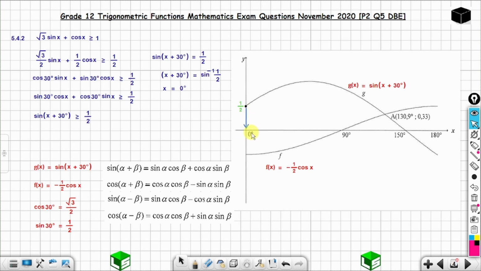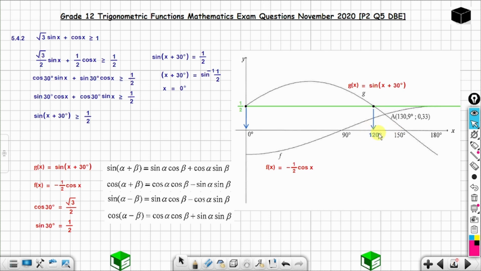You can find other x values which can give you 1 over 2 as y. To find that, you are going to draw a horizontal line. When you draw a horizontal line, you are going to see that at this point the y value is equal to 1 over 2 and the x value is in between 90 degrees and 150 degrees. Because of symmetry, you are going to find out that this is equal to 120 degrees.